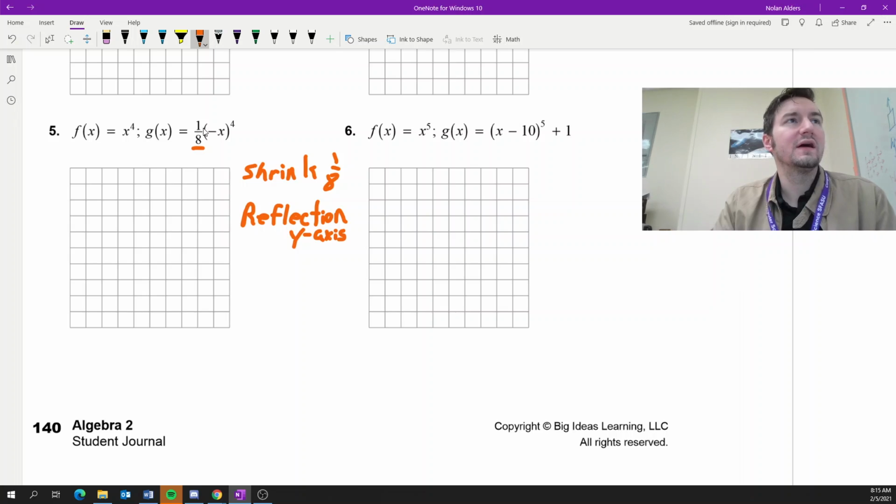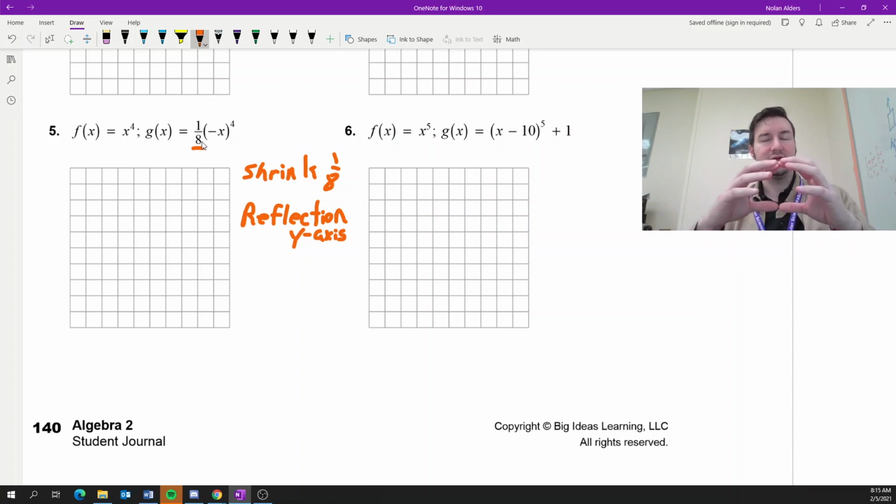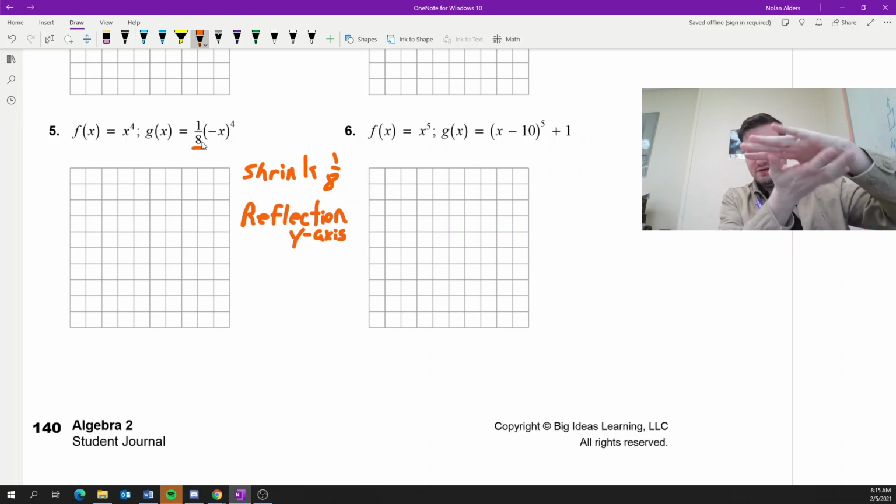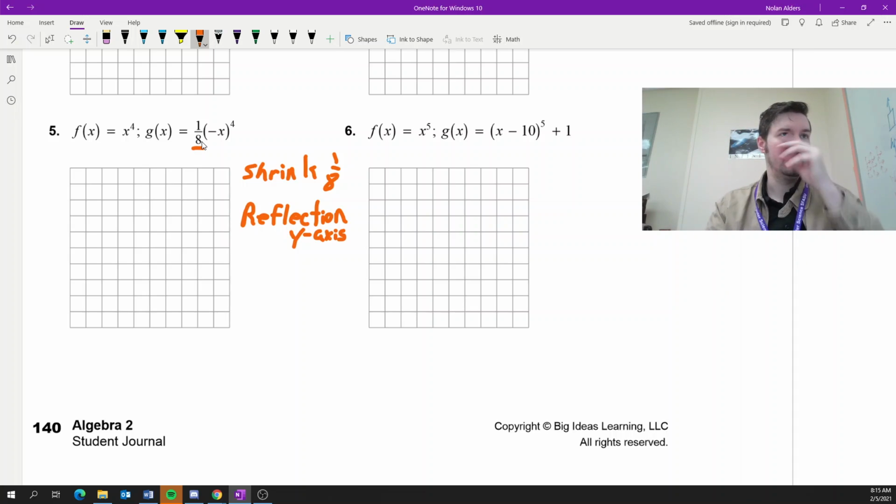And essentially what that'll do is the shrink will make it more shrunk down vertically, so it'll be more compressed outward. And then the reflection in the y-axis will just flip it, so really it won't even look any different since it's a reflection in the y-axis. It'll probably look exactly the same because it kind of flips on itself.